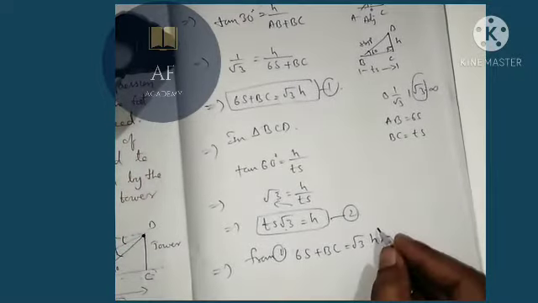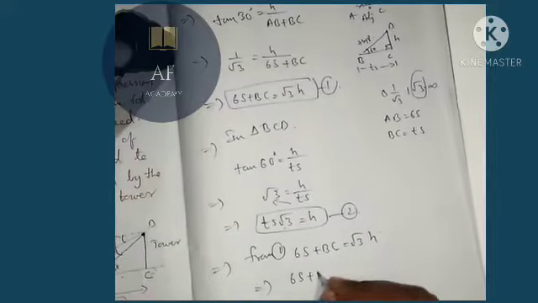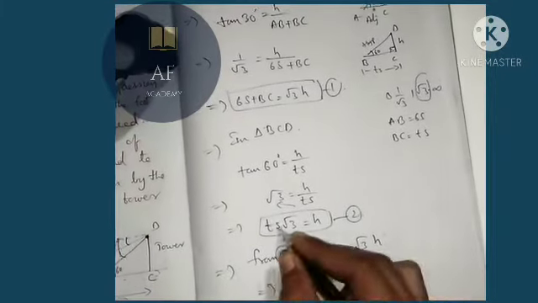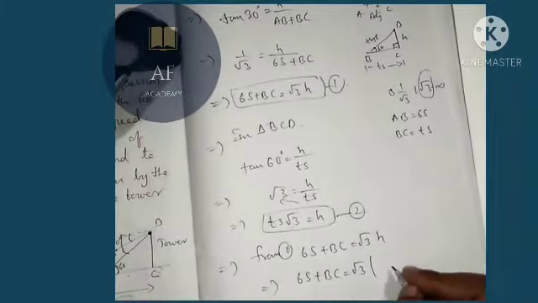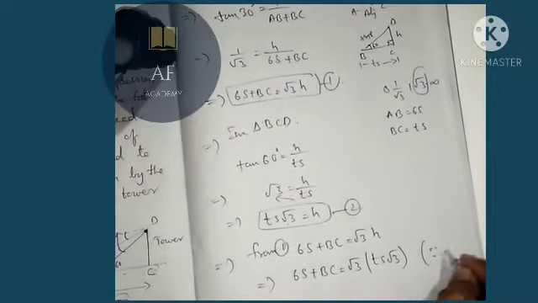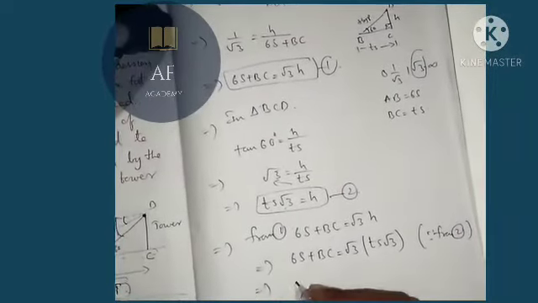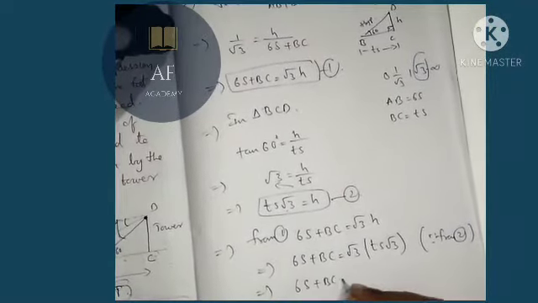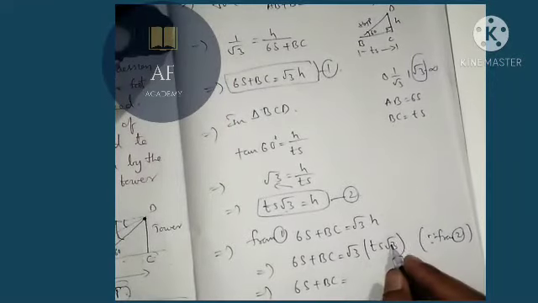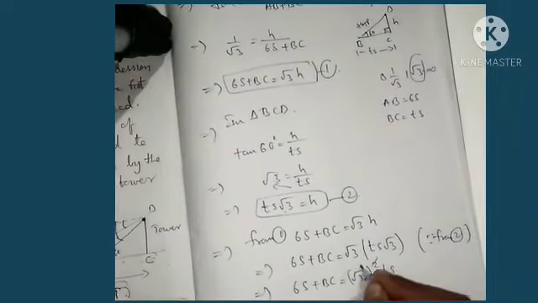So here in the place of h we will put the h value TS√3, from equation 2. Now 6S plus BC is equal to √3 into TS√3, √3 into √3 is 3, so the square roots cancel.